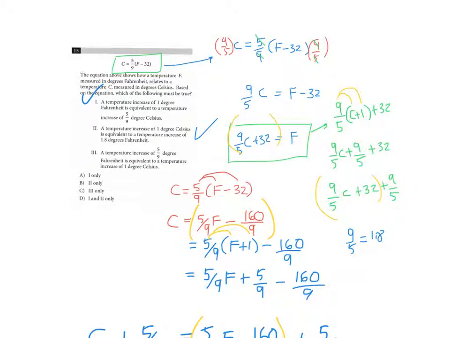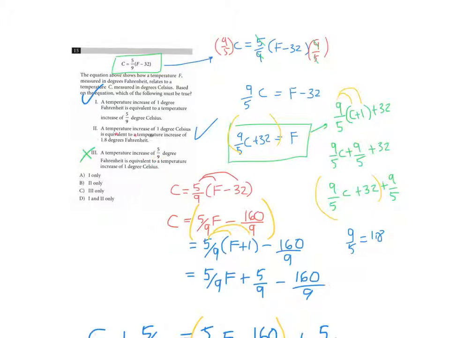And then finally, looking at Roman numeral 3, a temperature increase of 5/9 degree Fahrenheit is equivalent to a temperature increase of 1 degree Celsius. Well, that's untrue. And we know that that's untrue because when there's a temperature increase of 1 degree Celsius, it results in a temperature increase of 1.8 degrees Fahrenheit, not 5/9 degrees Fahrenheit, right?